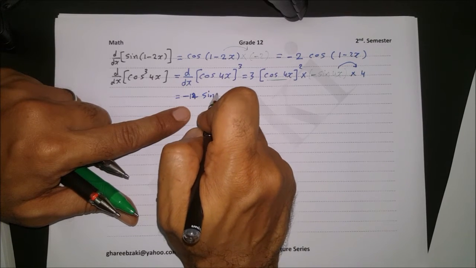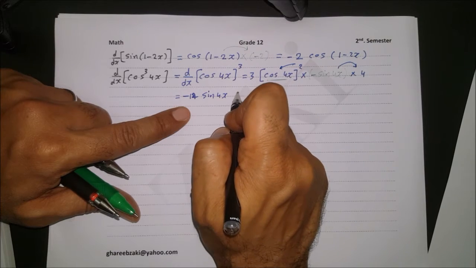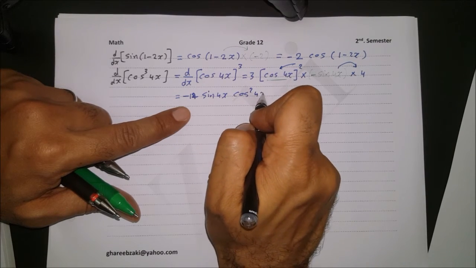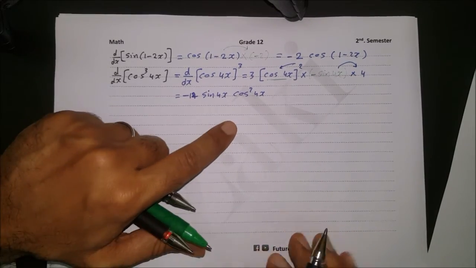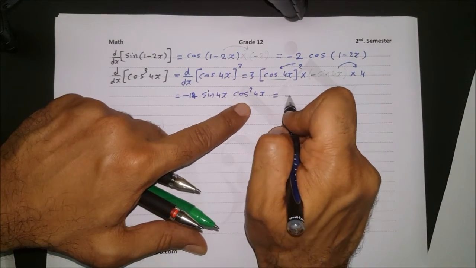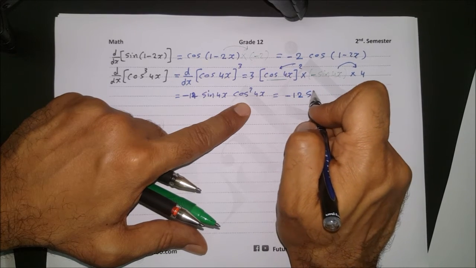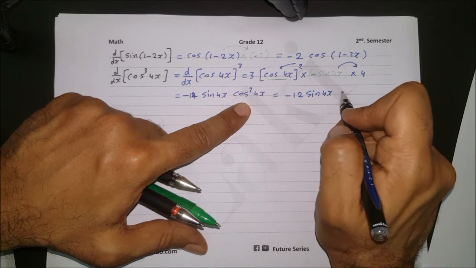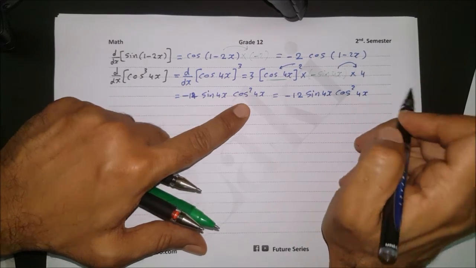Sine 4x cosine squared 4x. Again, the answer in simplest form is negative 12 sine 4x cosine squared 4x.